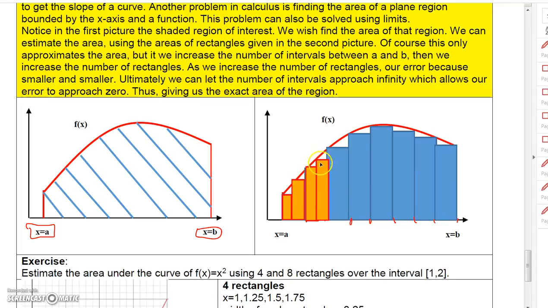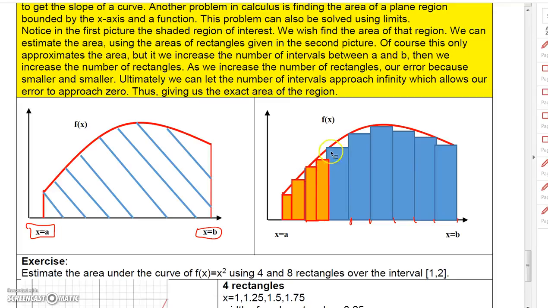And of course, if I doubled the number of rectangles, in other words, doubled the number of intervals, I would reduce some of the error. If I keep increasing the number of rectangles, I'll keep decreasing the amount of error.